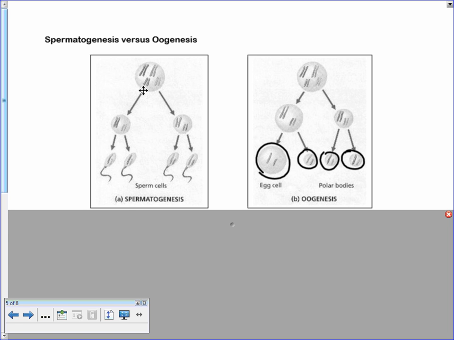For females, another key difference is that it does stop. There's a period in the female cycle called menopause, which takes place in the late 40s or 50s on average, where the female will no longer produce eggs, which if you think about it, makes some sense. If you're 70 or 80 years old, your body really is no longer equipped to carry a child.